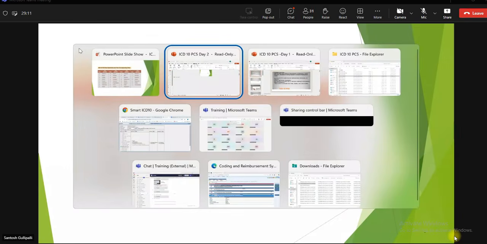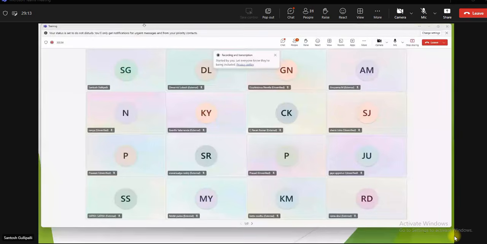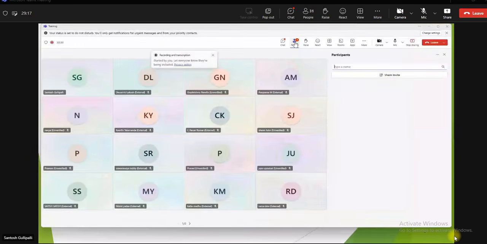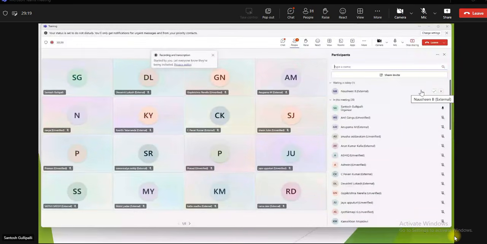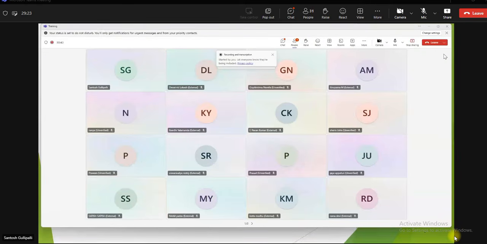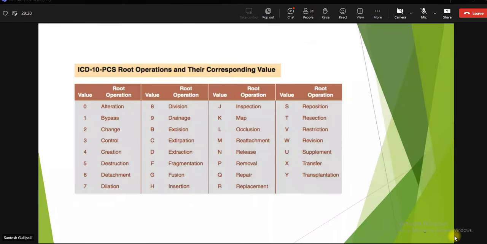Overall, how many root operations are in ICD-10 PCS? 31 root operations. For each and every root operation, I will give at least 5 to 10 examples. I will tell you what a root operation is and its importance in ICD-10 PCS. We will learn at least 2 to 3 root operations daily, sometimes 5 in a single day.